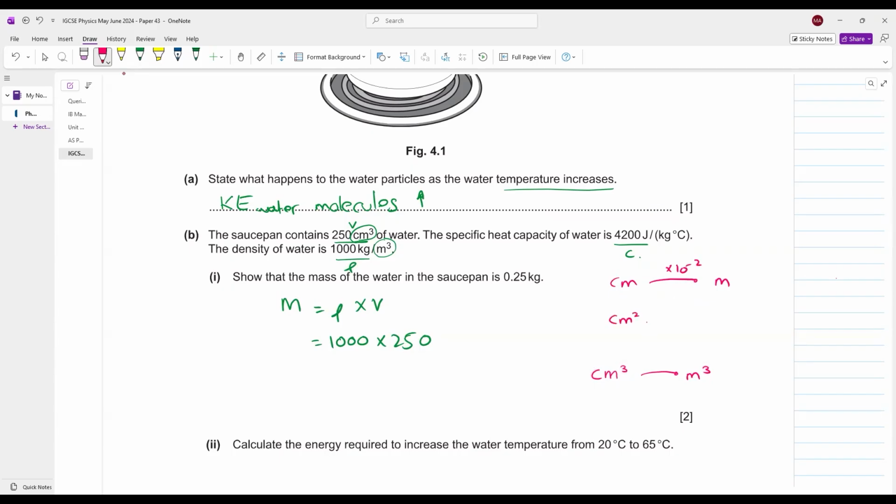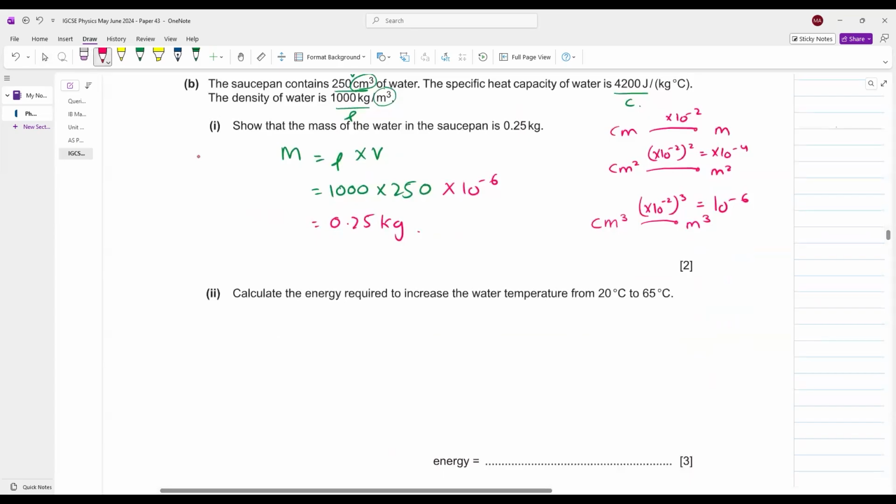If you convert centimeter square into meter square, you multiply by 10 raised to the power of minus 2 ka square, that is 10 raised to the power of minus 4. If you convert centimeter cube to meter cube, you will multiply it by 10 raised to the power of minus 2 power 3, 10 raised to the power of minus 6. Can you calculate the answer of mass? The mass comes out to be 0.25 kg.